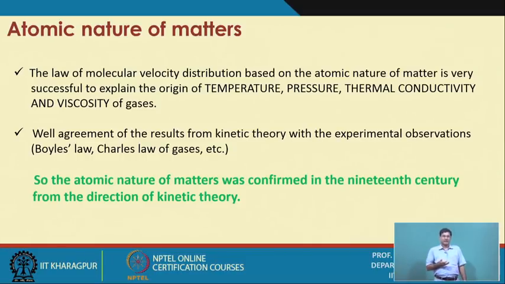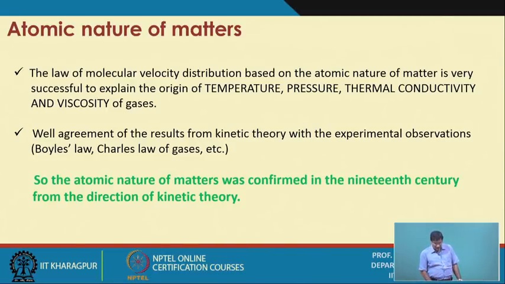And as I told, this theory was able to explain experimental observations like Boyle's law, Charles' law of gases. So, the atomic nature of matter was confirmed in the 19th century from the direction of kinetic theory. So, that is one direction.